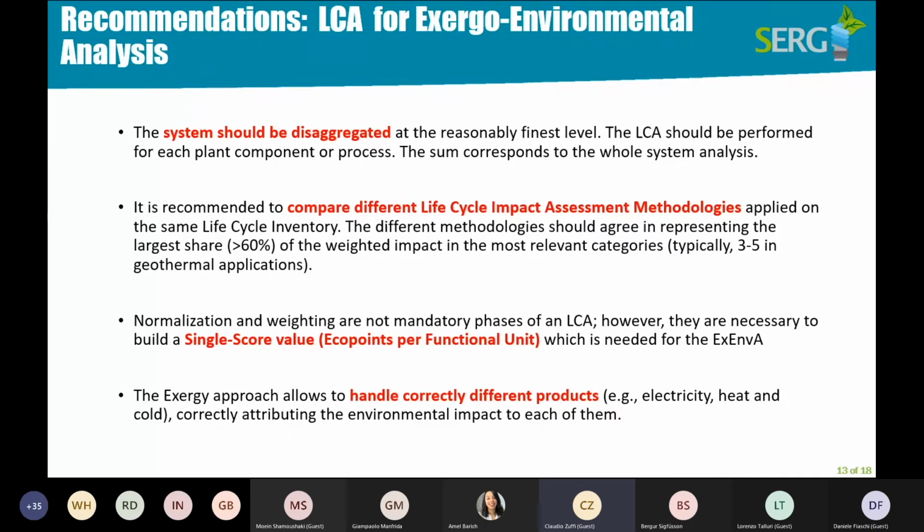Normalization and weighting are necessary to build a single score value, which is needed for the Exergo-environmental analysis. And finally, the Exergy approach allows to handle correctly different products like electricity, heat, or cold.